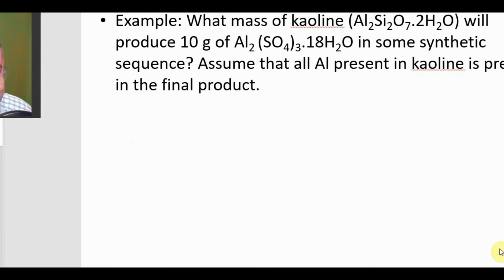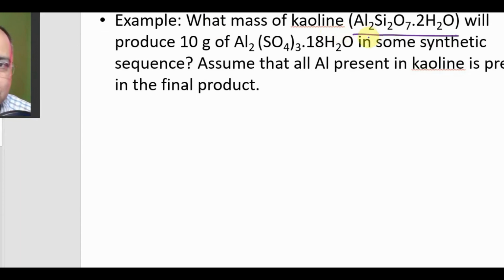Now let's see, this looks to be a huge molecule, but don't be scared at all. Once you are conceptually strong in POAC, then you will ignore whether it is going through 2 steps or 3 steps or multiple steps. For example, what mass of kaolin, which is a hydrated aluminum silicate, will produce 10 gram of aluminum sulfate dot 8 water?